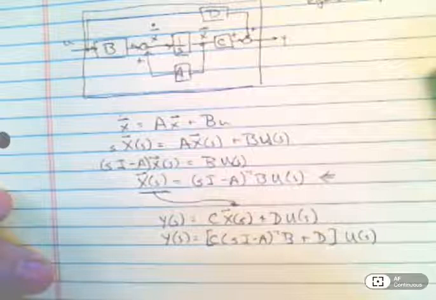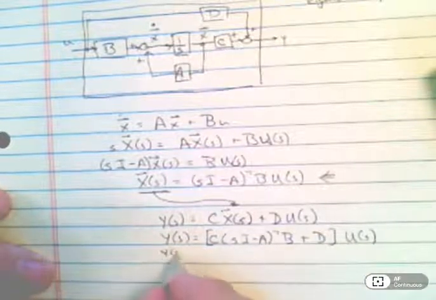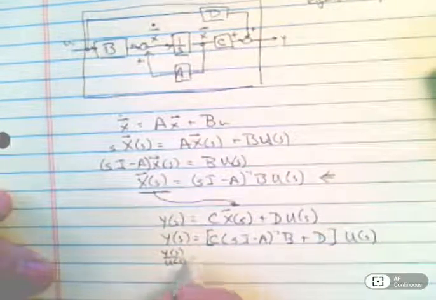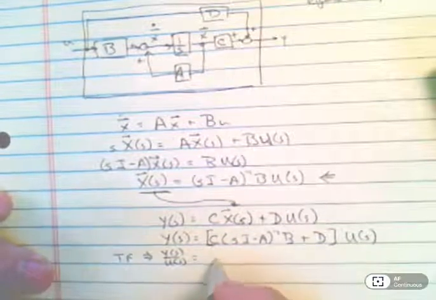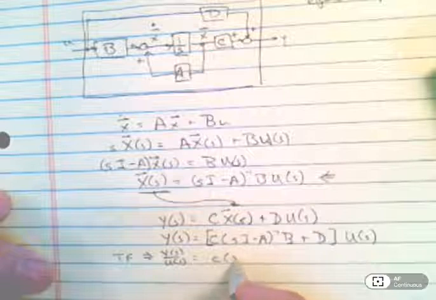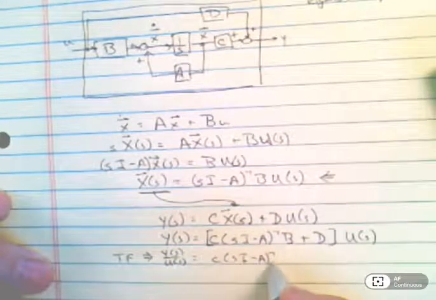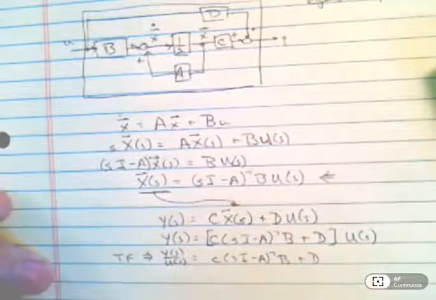And now I can divide both sides by U, Y of s over U of s. That's our transfer function right there. And we see the transfer function is C (sI minus A) inverse times B plus D.